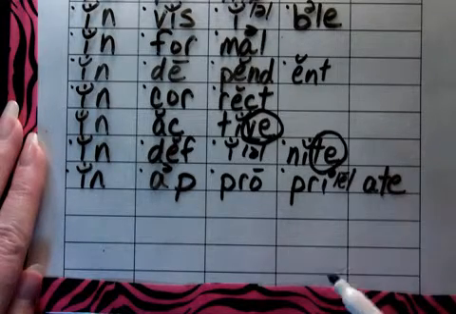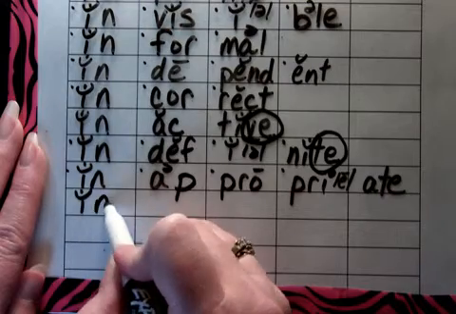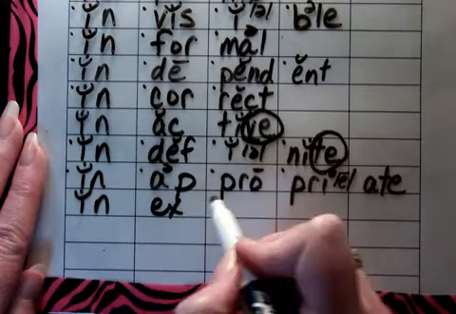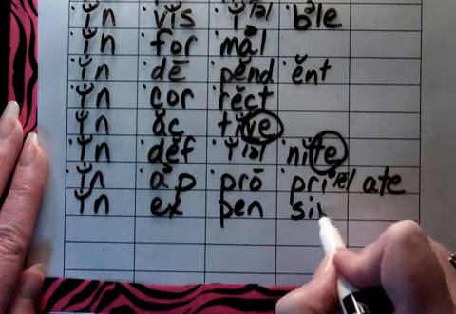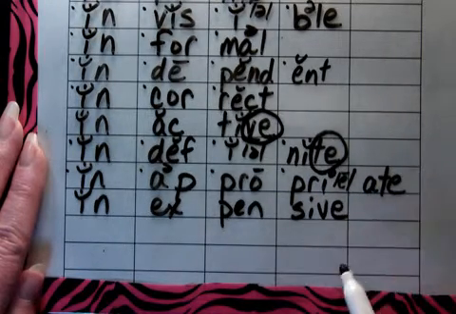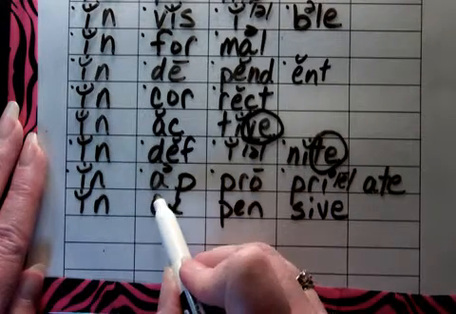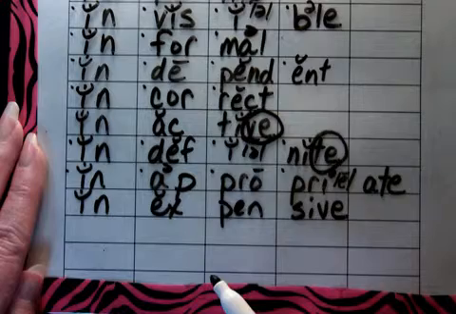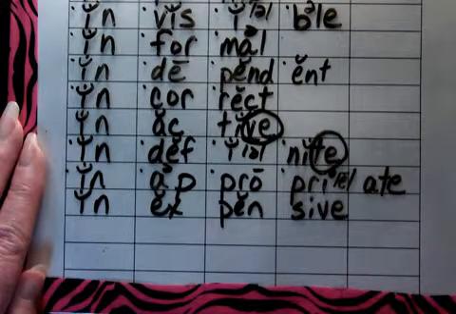The next one is inexpensive. You already know what's happening right there. It's a short E. Pen, short E because it's a closed syllable.